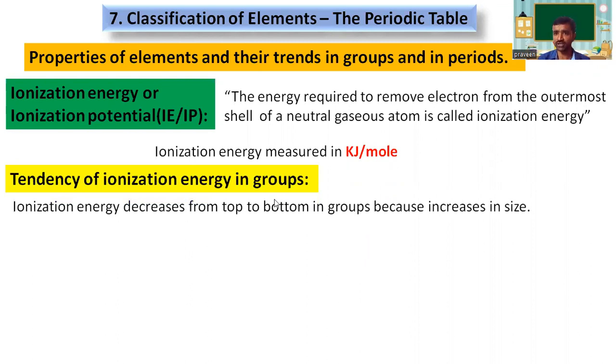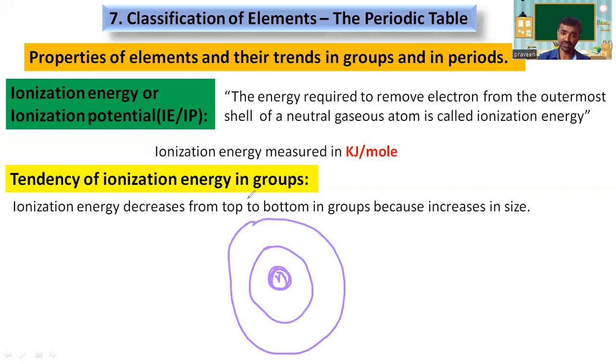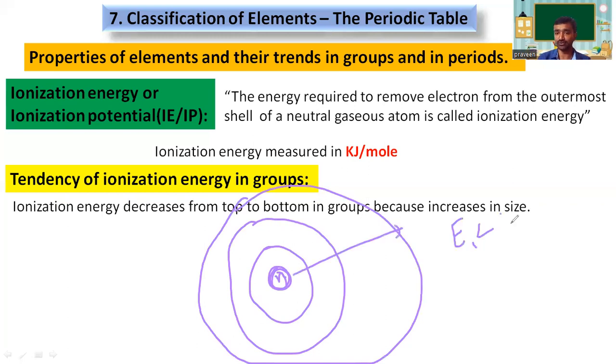In the Bohr atomic model, when you move away from the nucleus, the size of the atom increases and the energy of the outermost shell increases. So E1 is less than E2, E2 is less than E3, as we discussed. So greater energy, and nuclear attraction power on the valence shell decreases.